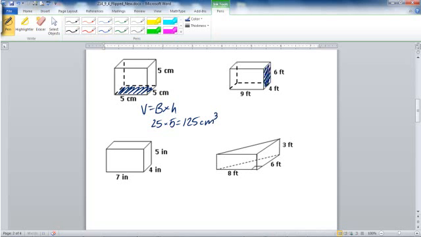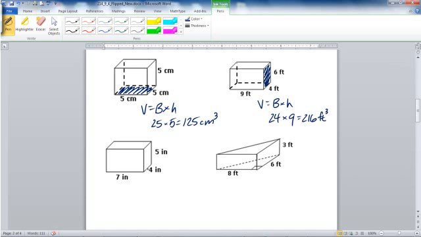Well, that's okay. The formula is still area of the base times the height. So the area of this base that I just shaded this time is 6 times 4, which is 24. And then times the height, so let's pretend that our prism has fallen on its side. The height is 9 right there. And 24 times 9 is equal to 216, and in this case, feet cubed.